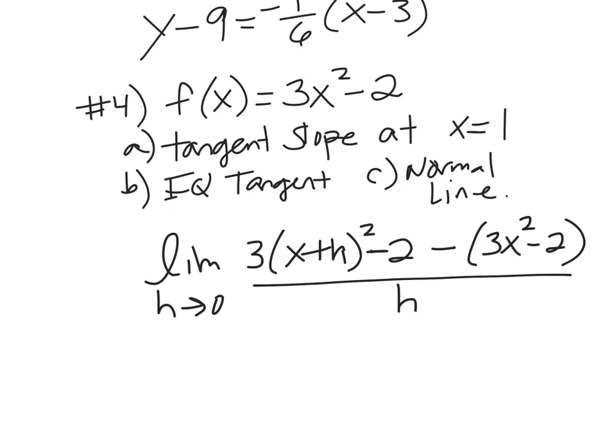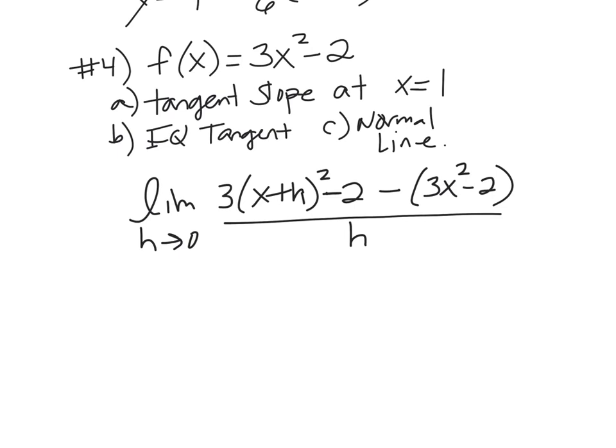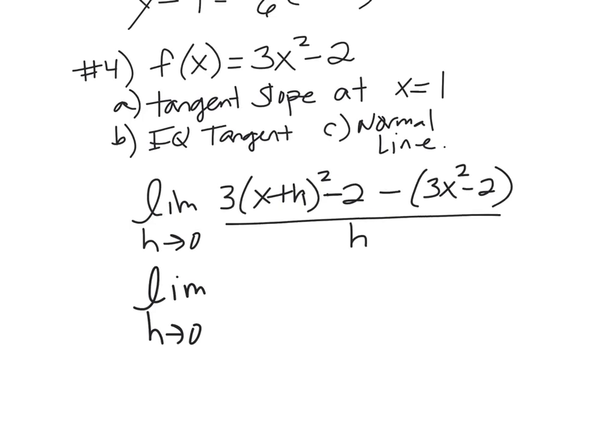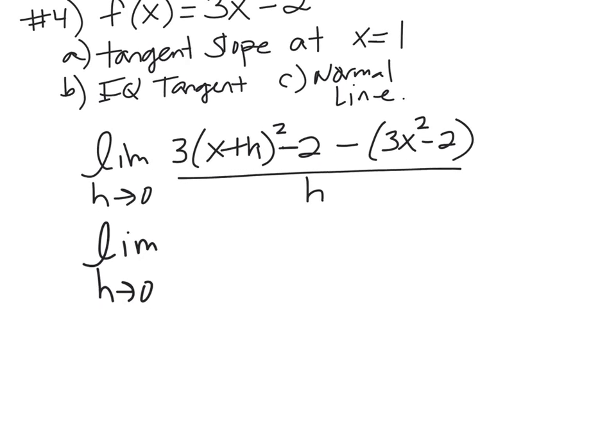So get used to doing that. f of x plus h minus f of x all over h. This next part is going to be algebra coming up. It's a lot of algebra, though. If you plug 0 in right now, you'll get 0 over 0. So here we go. Can you FOIL this and then distribute the 3 at the same time? I can, but can you? Maybe?